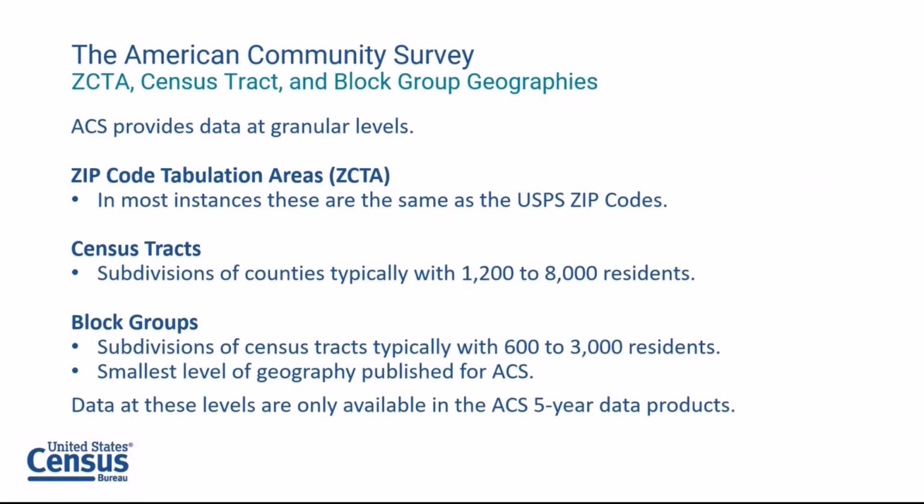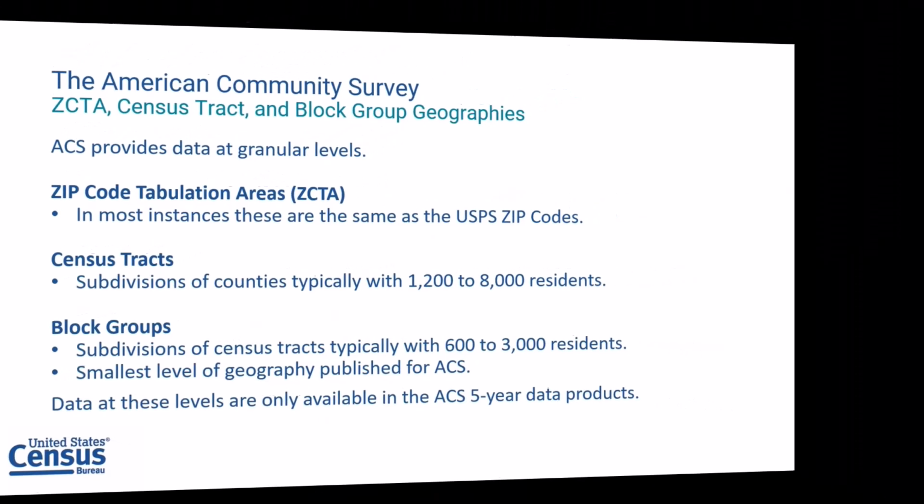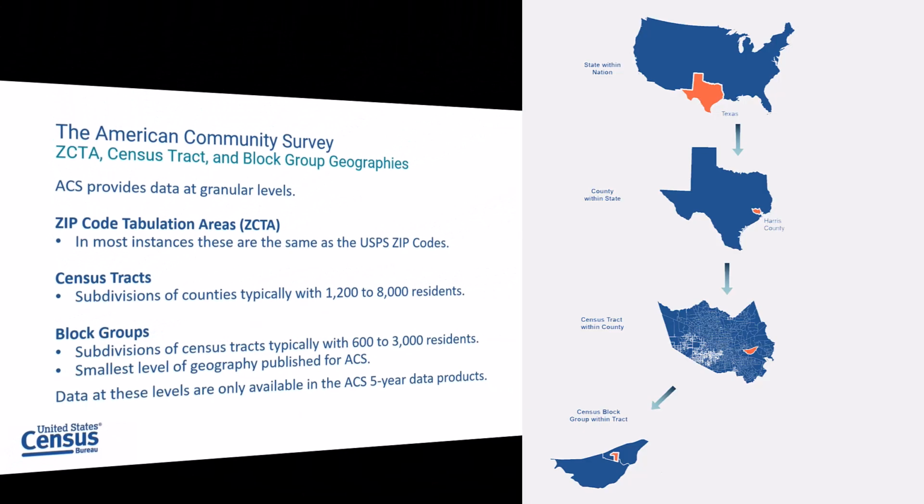The ACS provides data at very granular levels like zip code tabulation areas, census tracts, and block groups. Zip code tabulation areas are similar to U.S. Postal Service zip codes, and in most cases, a zip code tabulation area is the same as a U.S. Postal Service zip code. Census tracts are small subdivisions of counties that typically have between 1,200 and 8,000 residents.